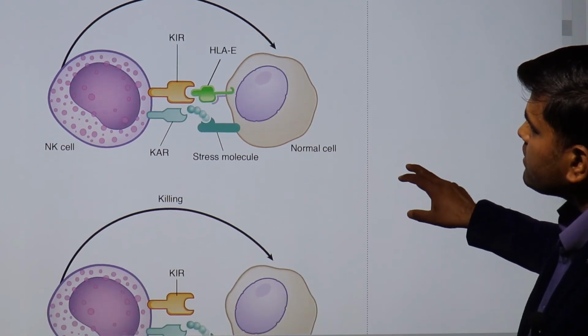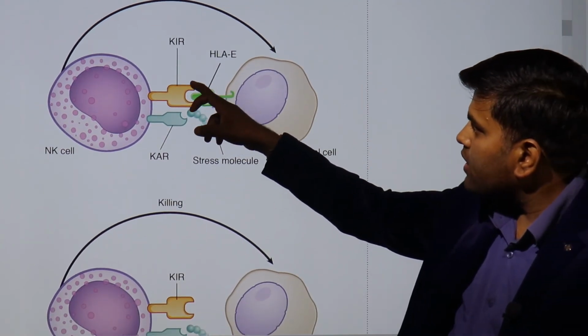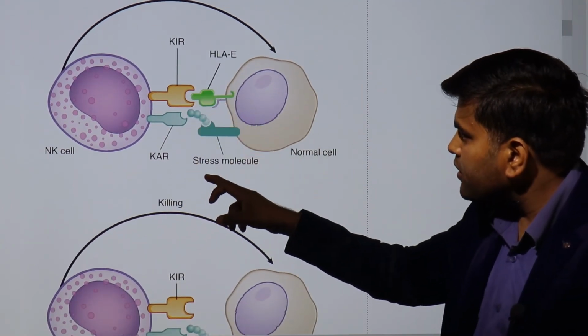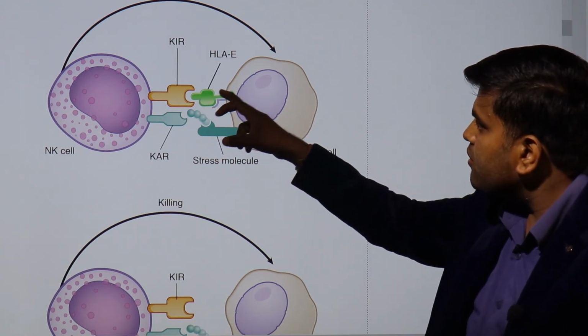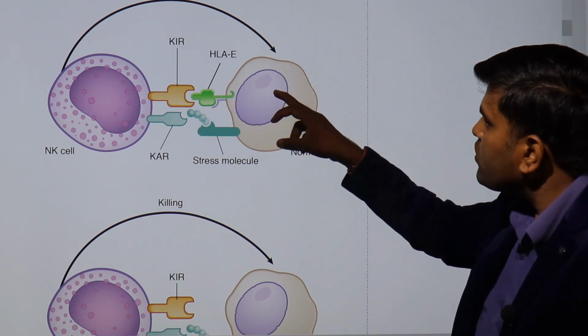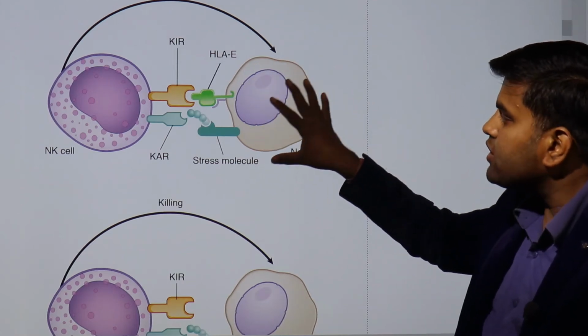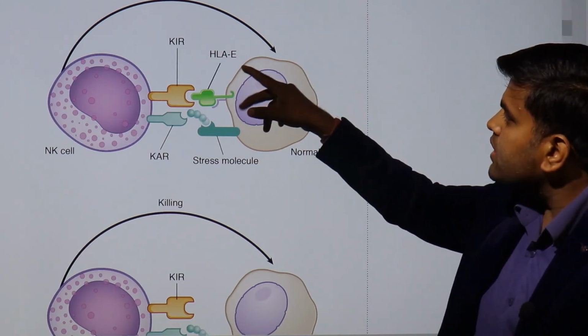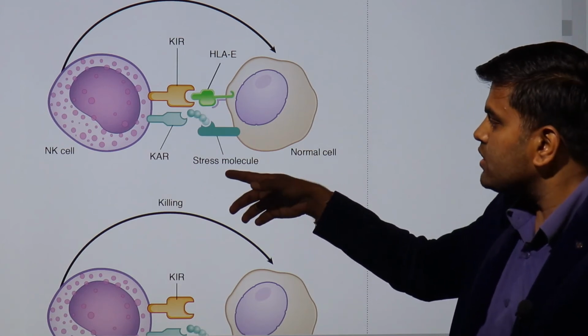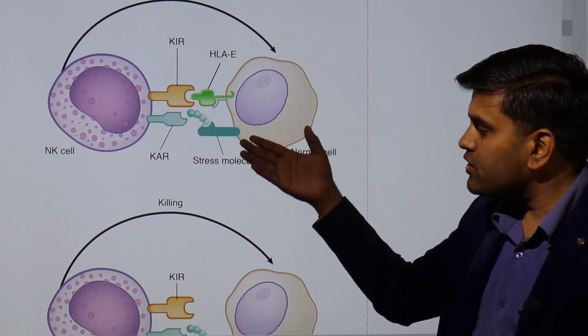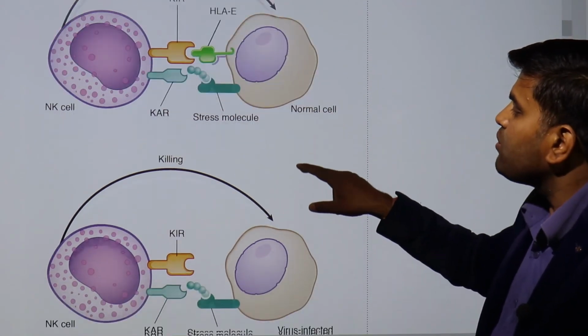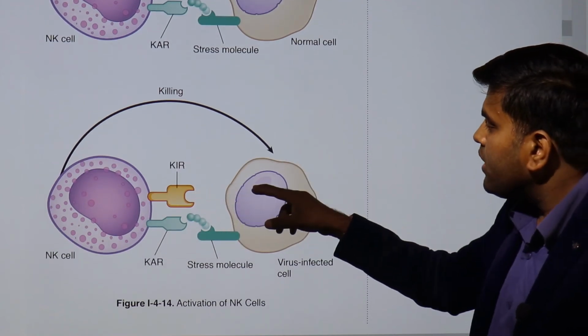Let's revise this killing again. There are the killer inhibitory receptor and the killer activating receptor. If the killer inhibitory receptor finds the well-being indicator of your cell, that HLA-E is present in sufficient amount, this cell will not be killed. If HLA-E is decreased, then obviously the stress molecule, the MIC molecule, will be present.